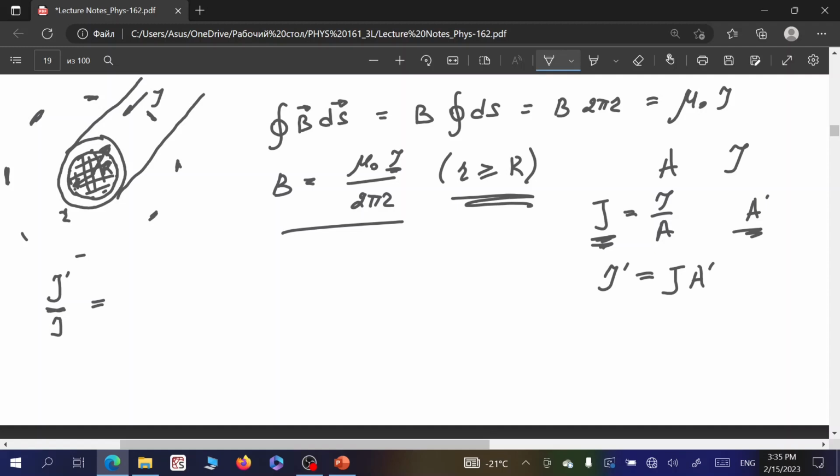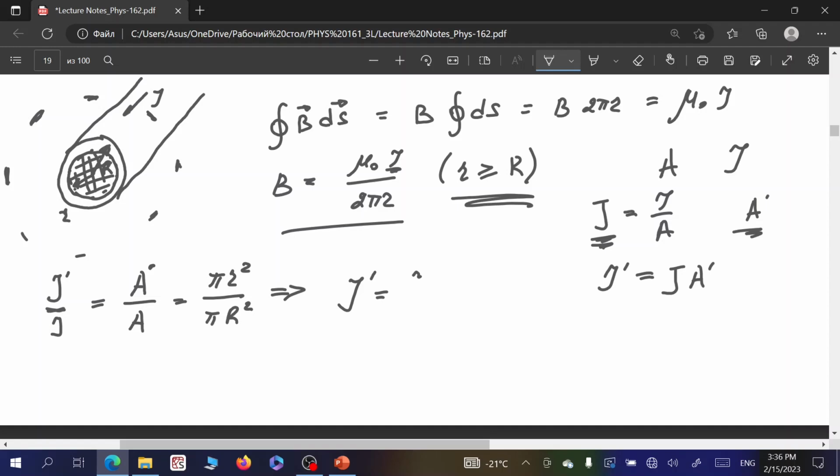Actually, it is the ratio between the internal loop area A prime and the total area A. So that is pi r square divided by pi capital R square. From here, we can define the expression for I prime in terms of the total current I flowing through the conductor.